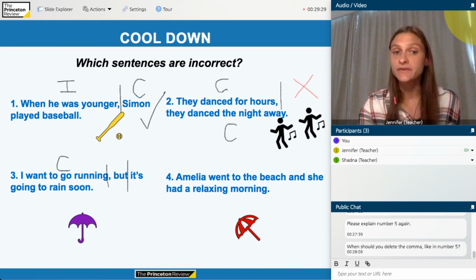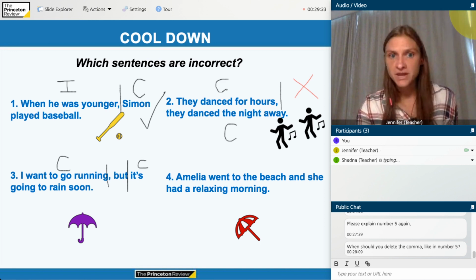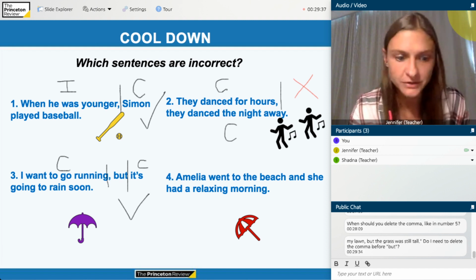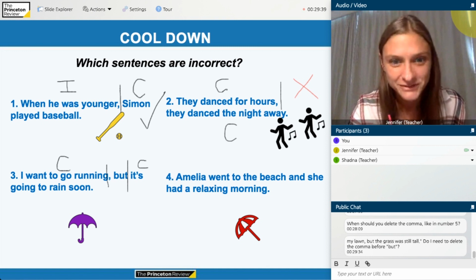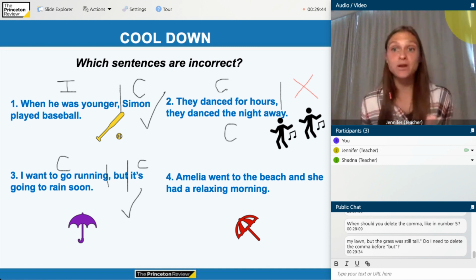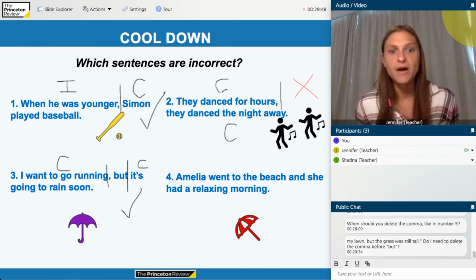It's going to rain soon. That's also complete. So number 3 is correct as written. Oh, that's a terrible check mark on my end. Let me redo that. There we go. Correct as written because I put a comma and a fanboy. If I just had the comma or just had the but, it would not be correct.